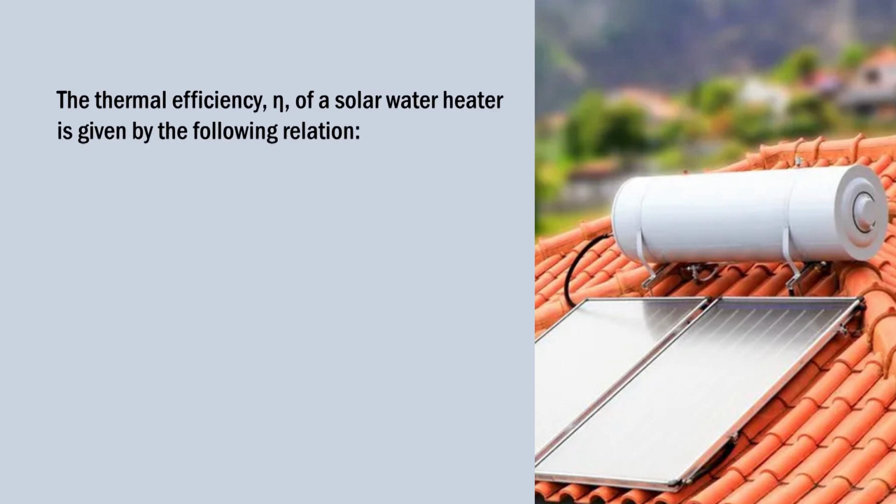So the thermal efficiency of the solar water heater is given by a simple formula. So basically efficiency is what? Output upon input, because we are talking about the solar water heater. That means output is what? Useful heat energy gain in terms of the hot water, and input is whatever energy is given in the form of solar radiation.